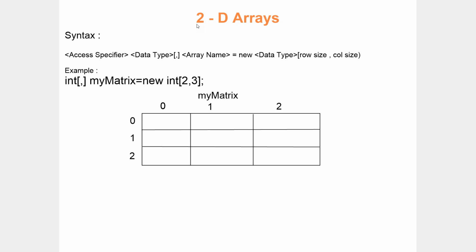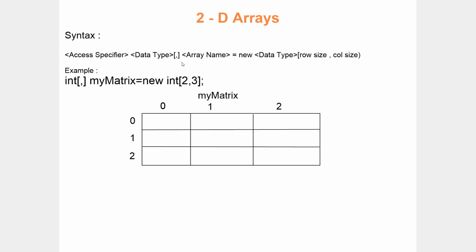In mathematics we call it a matrix, but a matrix can also be called a table. If your data has to be stored in the form of rows and columns, in table format, in matrix format, then your approach should be towards a 2D array, where you can define two different dimensions: row and column.